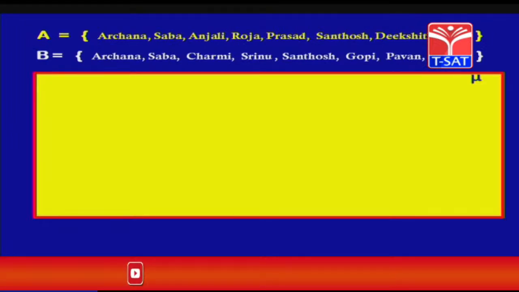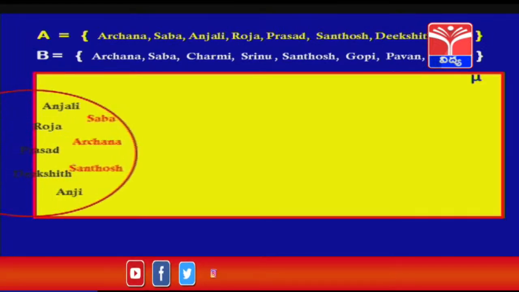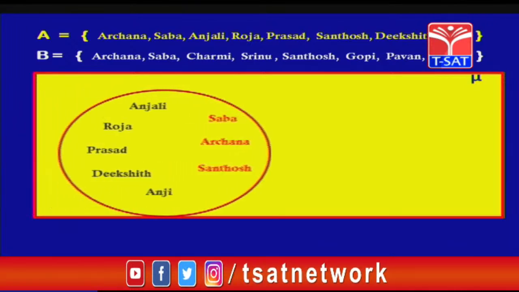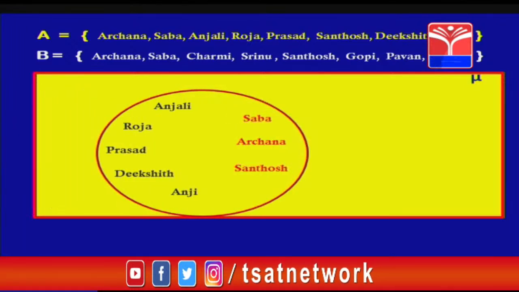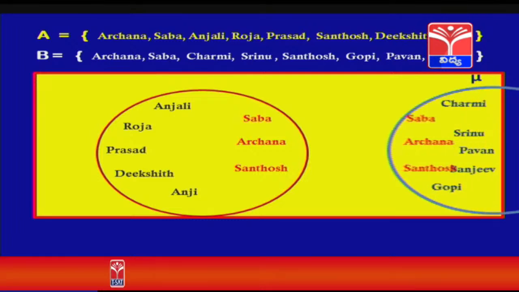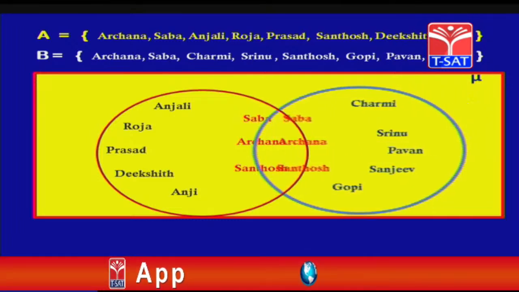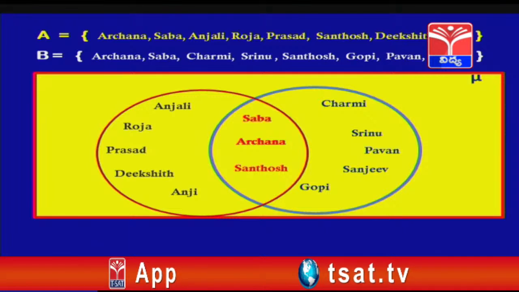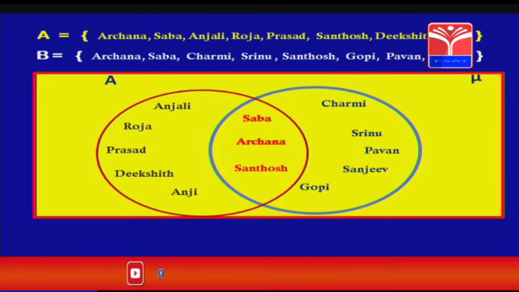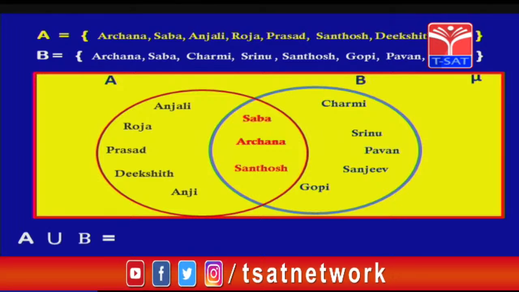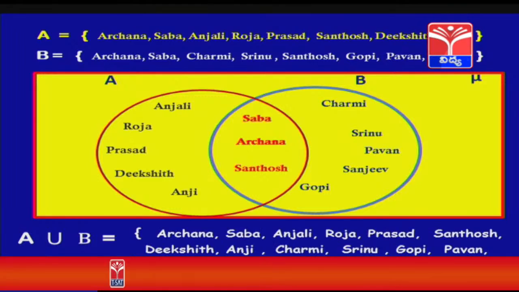Now, if I combine both sets, so if A and B are combined, what happens? That is called A union B. Combining the elements of A union B, the repeated elements are taken once only.